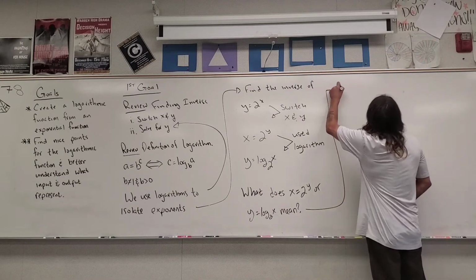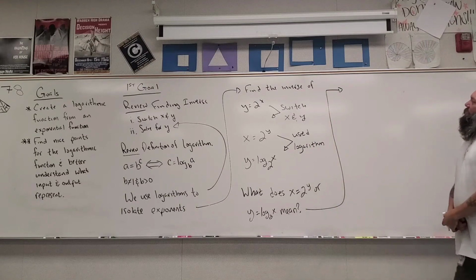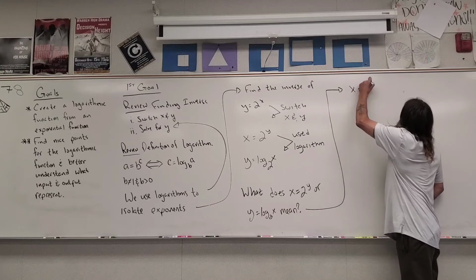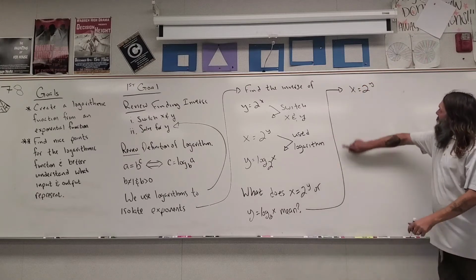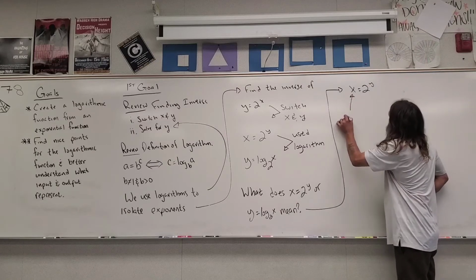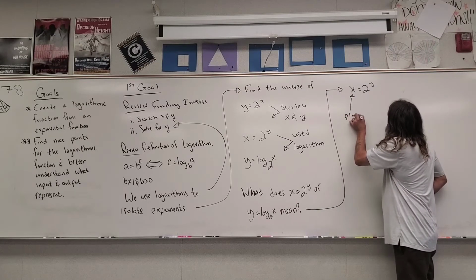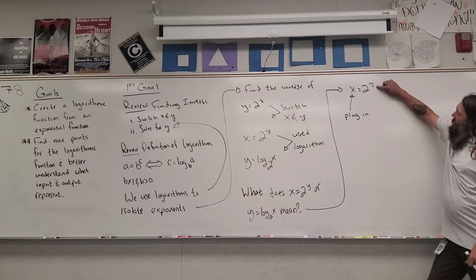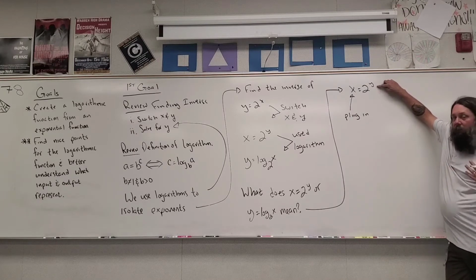Alrighty. So what does this mean? Okay, so first of all, let's look at this guy. x equals 2 to the power of y. Remember, x is the input, right? This is what we get to plug in. And our output is the y. This is what we get back.